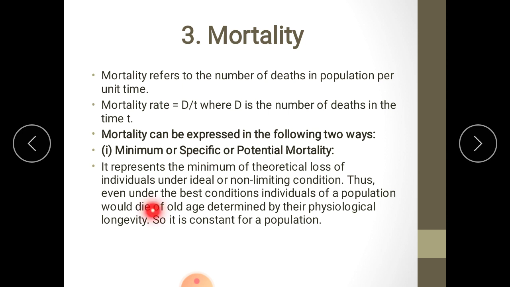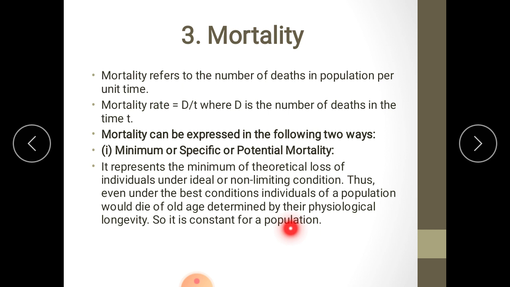Thus, even under the best conditions, individuals of a population would die of old age. Under such condition, which individuals die? Usually they die of old age, determined by their physiological longevity, the physiological condition of their body. So it is constant for a population.